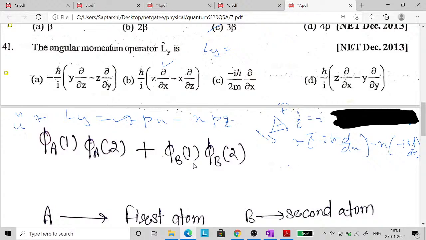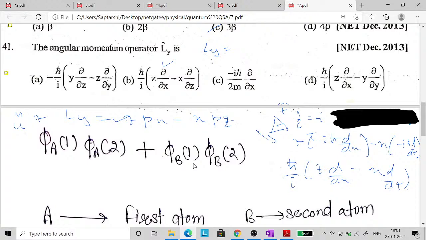So we can take common z of d/dx, and the minus i comes, so minus x of d/dz. So this is the answer.